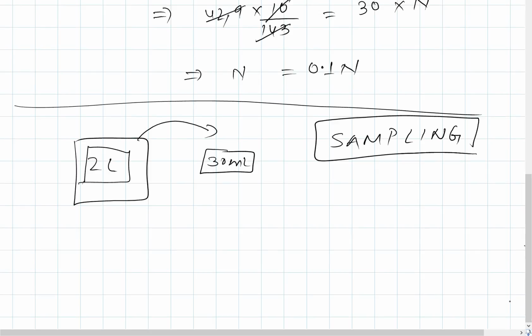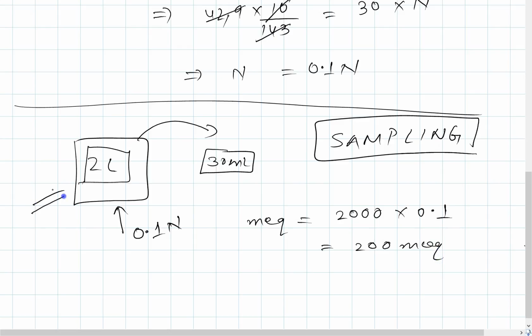So the concentration of this 2 liter solution is also 0.1 normal. So the total milli equivalents of acid that you had is 2000 into 0.1. So you had 200 milli equivalents of acid in this 2 liter mixture.